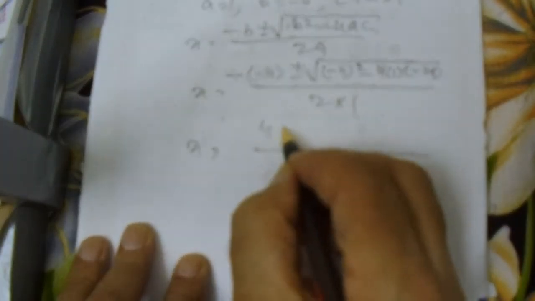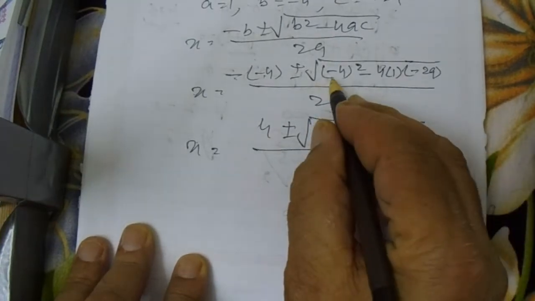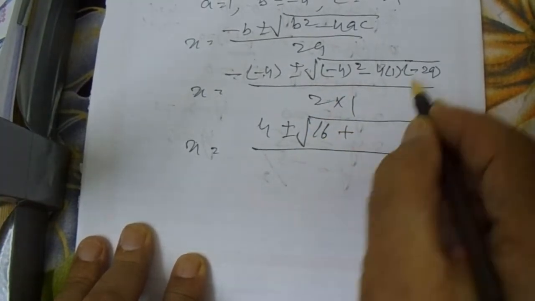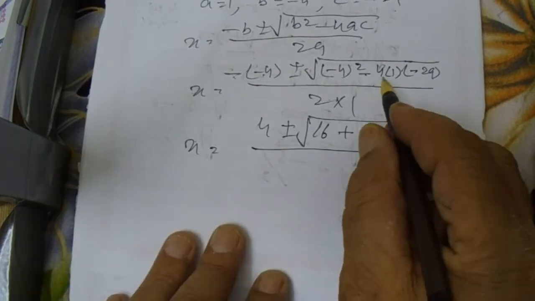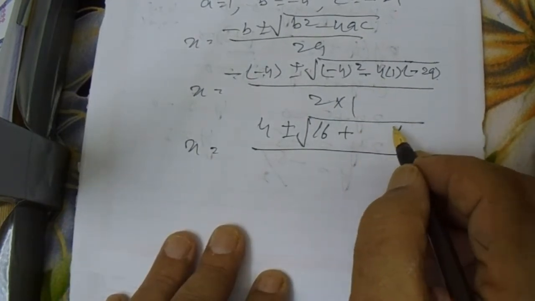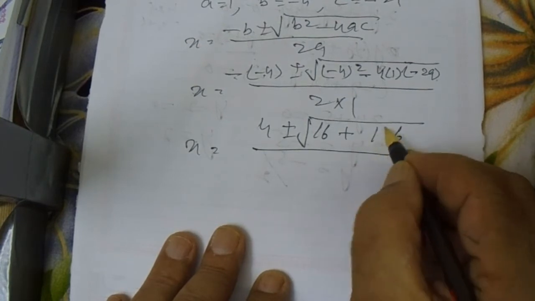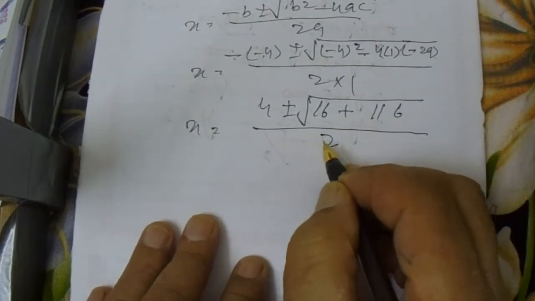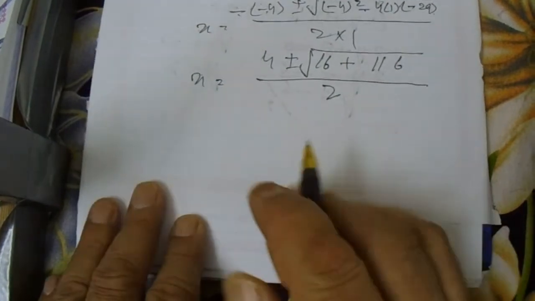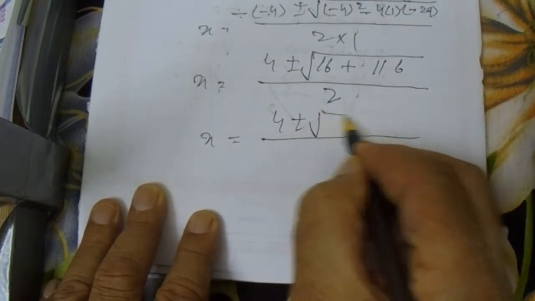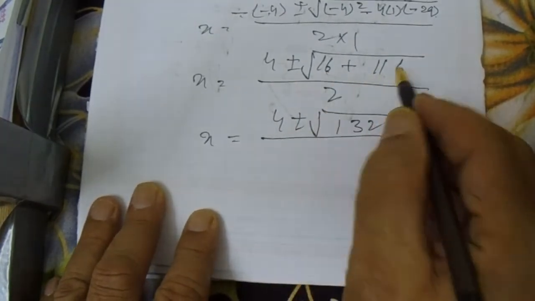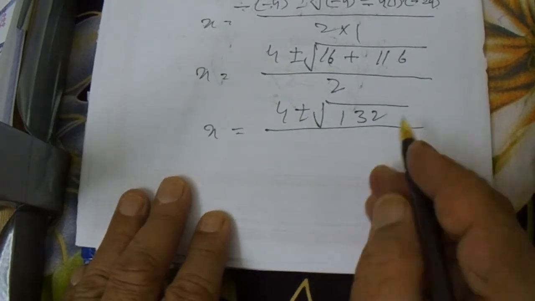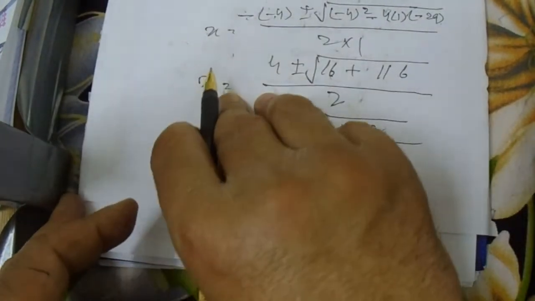So x is equal to 4 plus minus, 16 plus 116, we get 132, over 2.